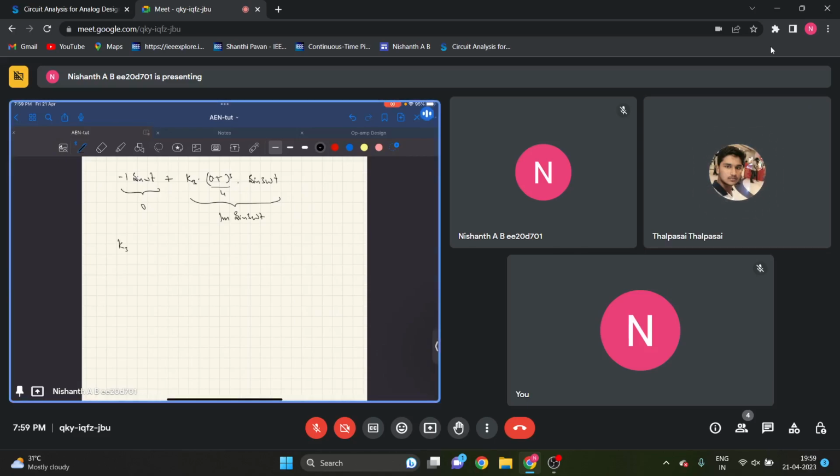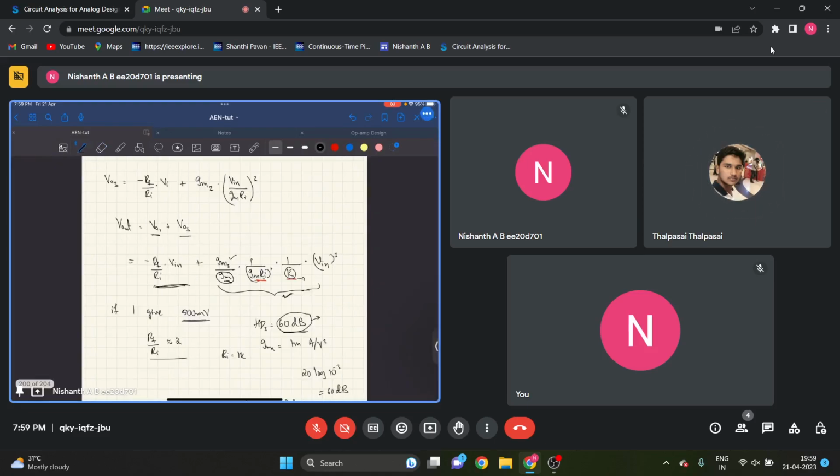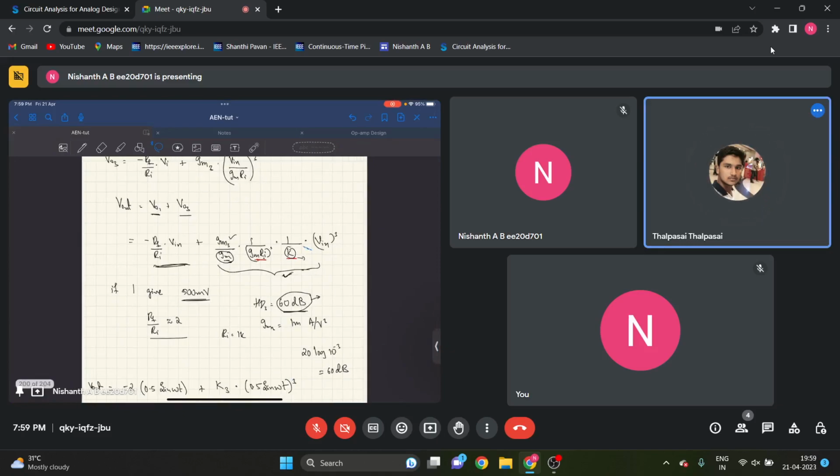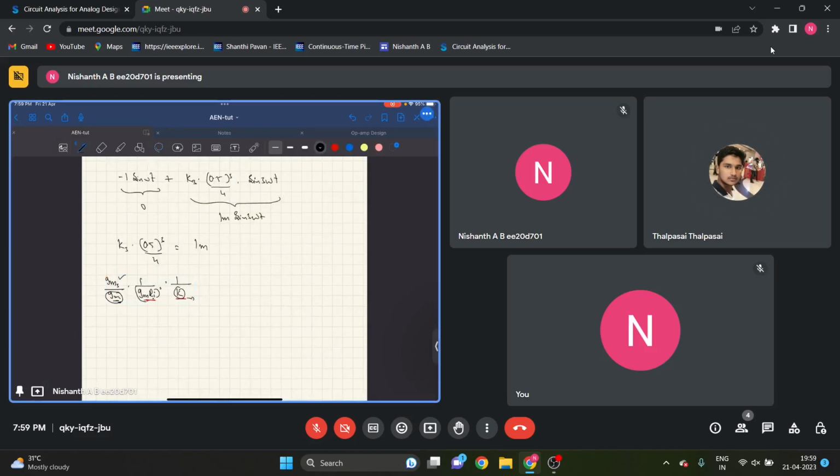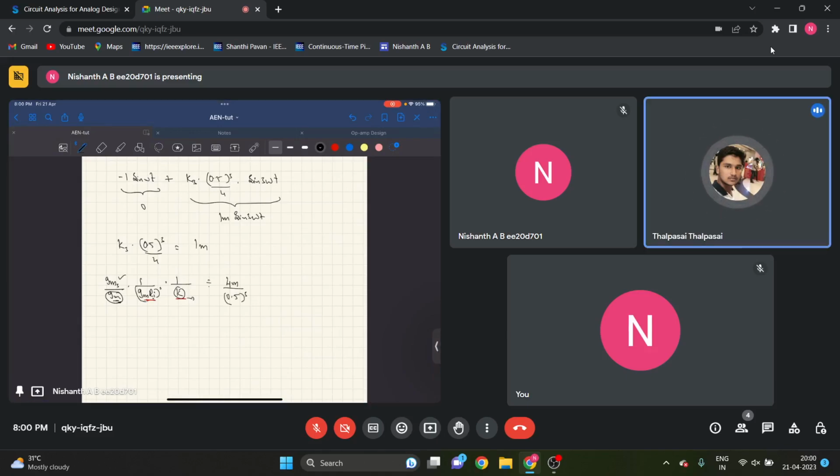So K3 into 0.5 whole cube by 4 is 1 milli, correct? Yes, sir. What is K3? K3 is this fellow, GM3 by GM. Copy, paste. Equal to 4 milli by 0.5 whole cube, correct? Yes, sir, 0.5 whole cube. Yeah, I can make it.